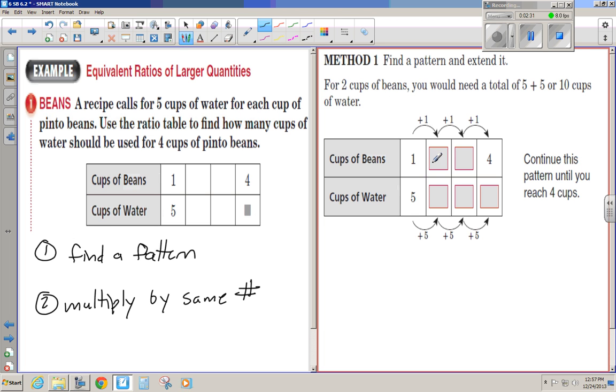For 2 cups of beans, you would need to not only double this, but double that. Then for 3 cups of beans, well, 5, this goes 1, 2, 3, 4, so this would go 5, 10, 15, 20. So you could continue the pattern until you reach 4 cups.